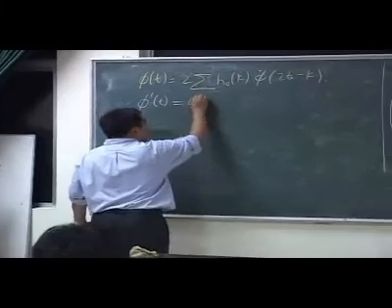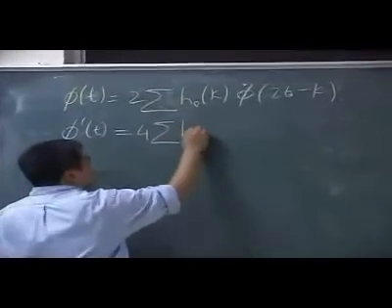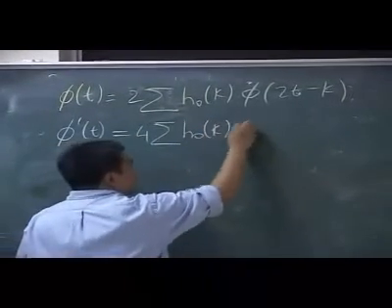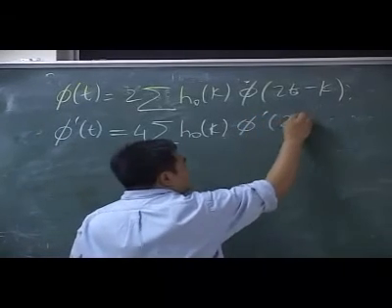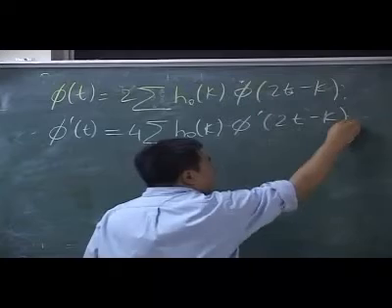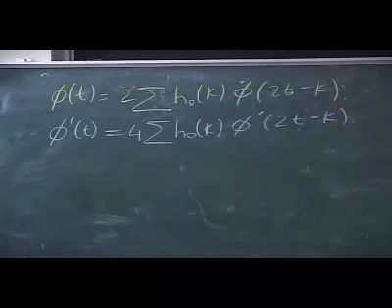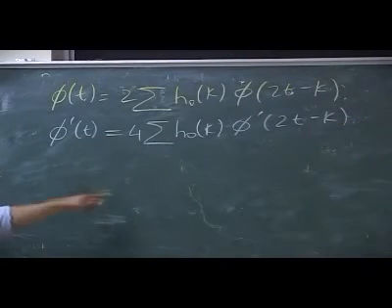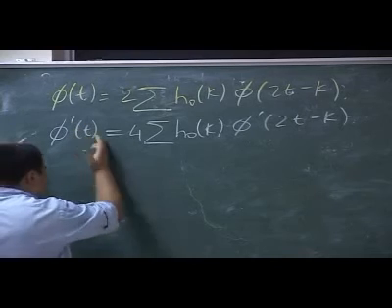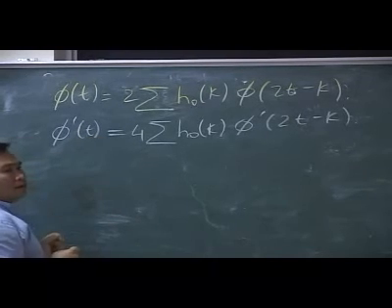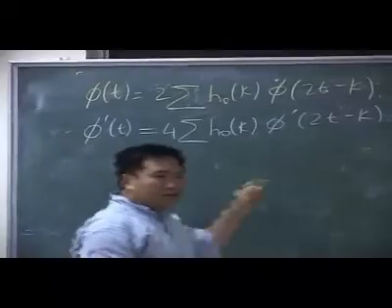Okay? So I need to tell what is the derivative of phi with respect to t. phi of t prime, whole thing here is 2 become 4. Exactly the same form. So if I were to do exactly the same thing using phi primes instead of phi.